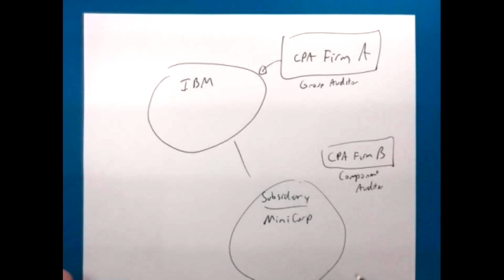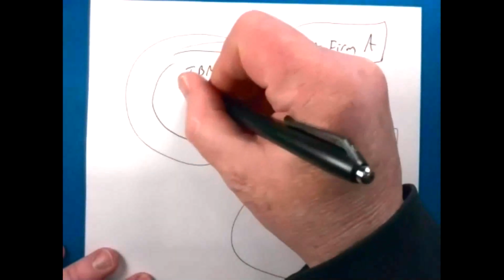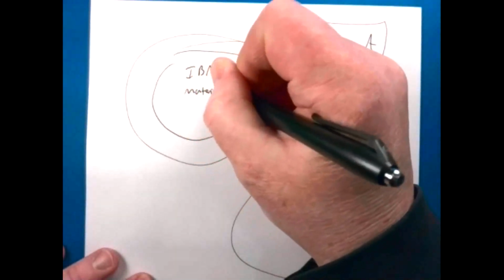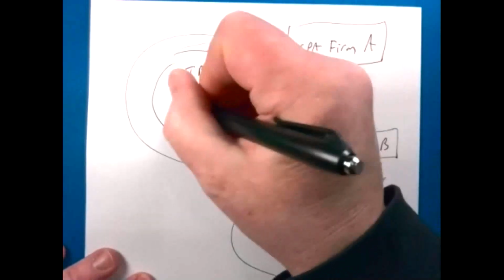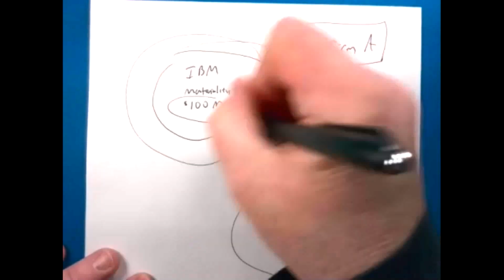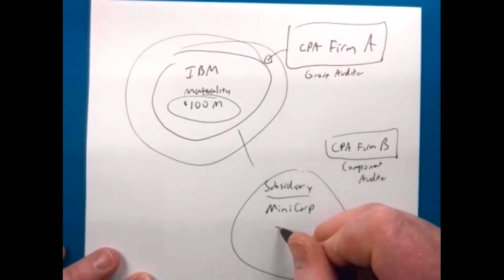Okay, IBM, I should have probably made IBM bigger. IBM's big. So for Minicorp, let's say the materiality here is $100 million, and down here, materiality is $2 million.